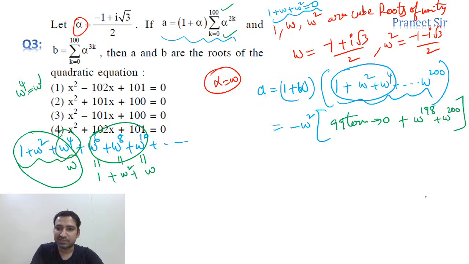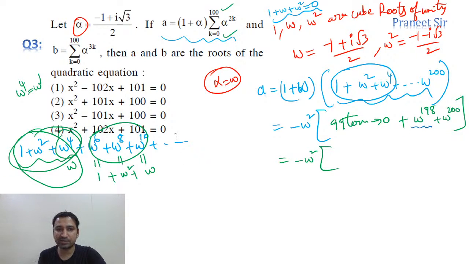So now tell me, guys, wherever 1 plus omega square plus omega power 4, this is 0. And the next 3 terms are 0. Out of 101 terms, 3 terms at a time are getting 0. So only the last 2 terms are becoming non-zero. So tell me, what is this? Minus omega square into omega power 198 is how much, guys?